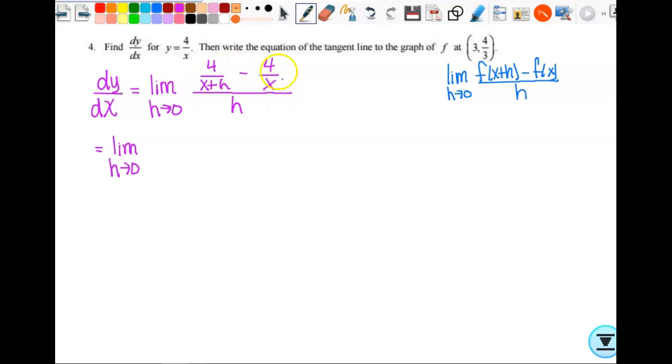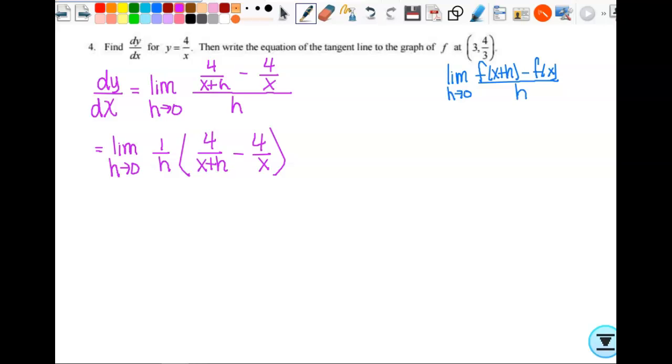Isn't this the same thing as the numerator being multiplied by 1 over h? Does that make sense? So if I just did 1 over h times 4 over x plus h minus 4 over x, do you agree that that's the same thing?